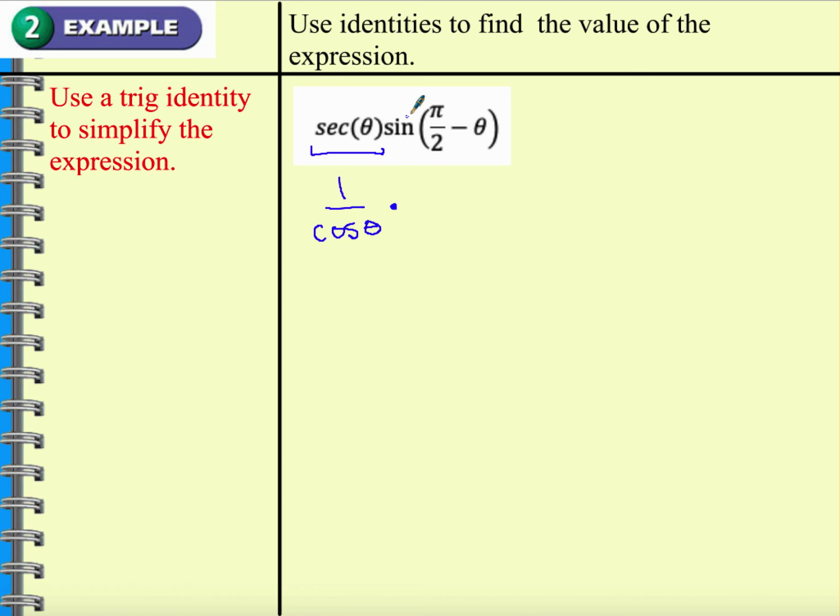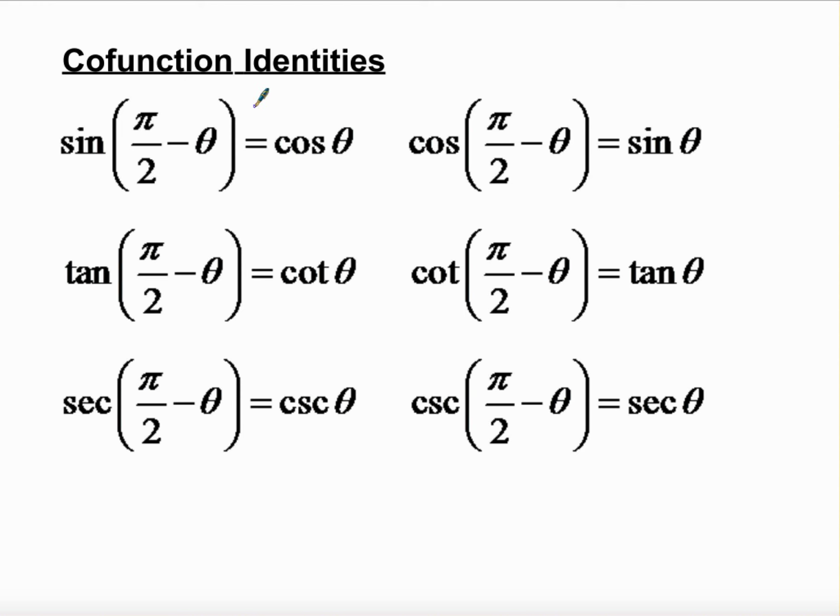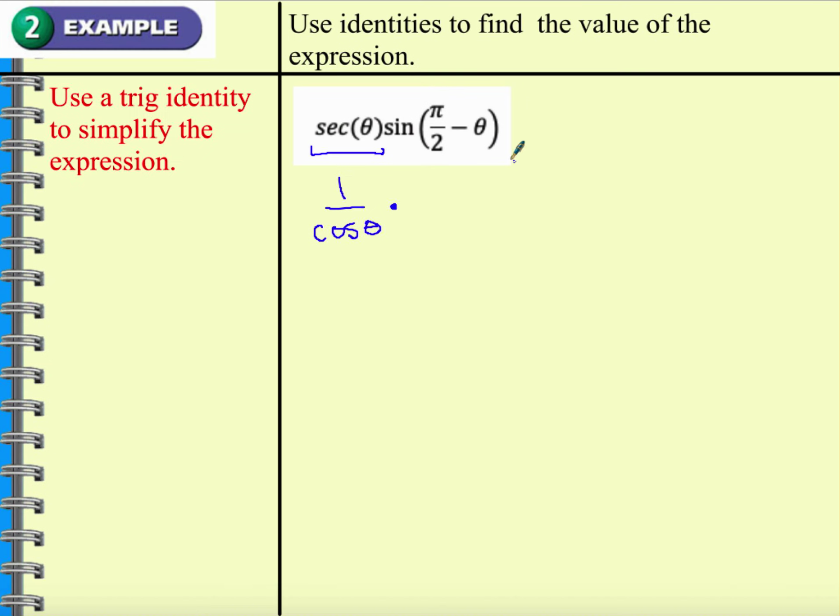And it's getting multiplied by the sine of pi over 2 minus theta. If you recall from our cofunction identities, the sine of pi over 2 minus theta is really equal to cosine. So I can use that as a substitution here. So instead of writing sine of pi over 2 minus theta, I'm going to write cosine of theta.